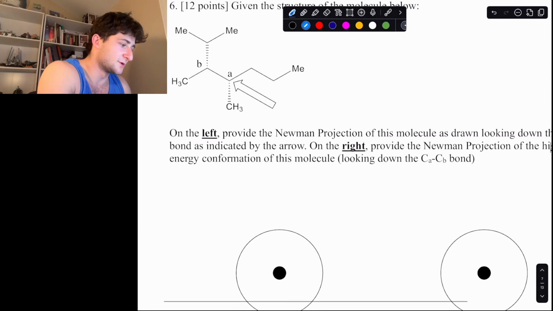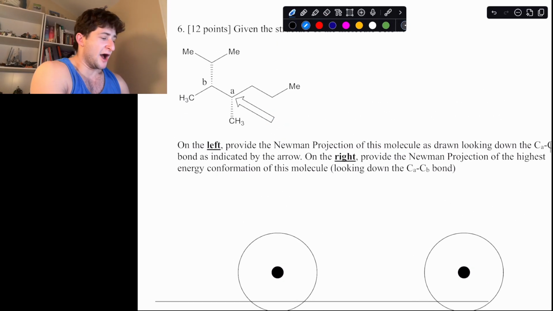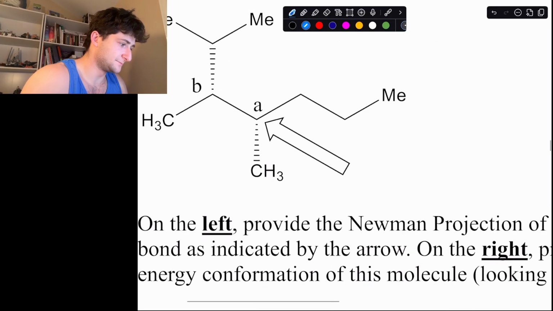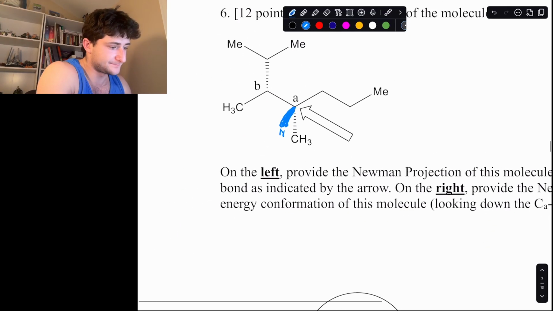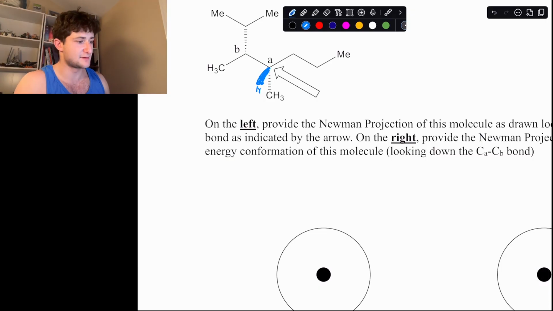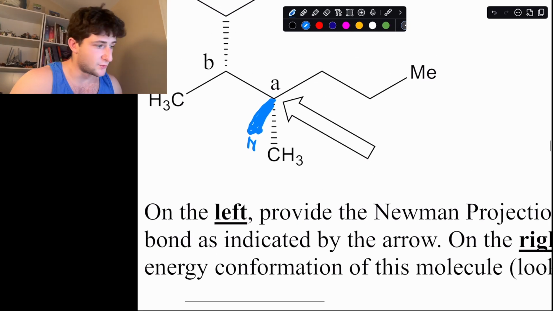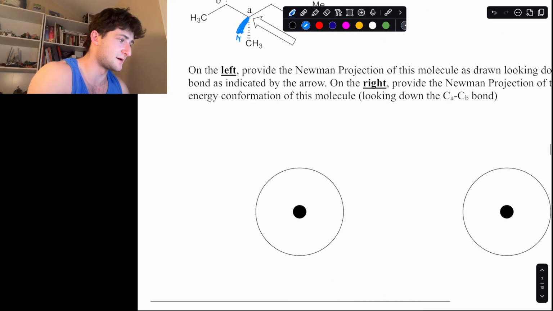Okay, so we're looking this way. So, we got an implied hydrogen, which I'm going to draw in, that is coming towards me, meaning on the left, because if you're looking at it, this hydrogen is coming towards, out of the page, going to be on the left.